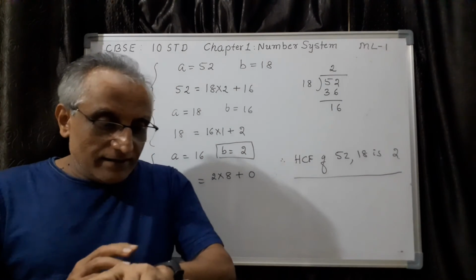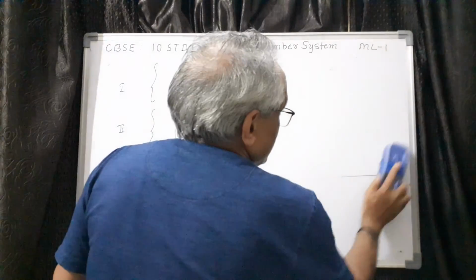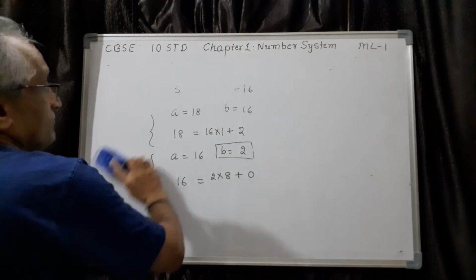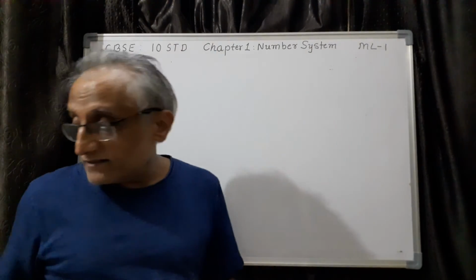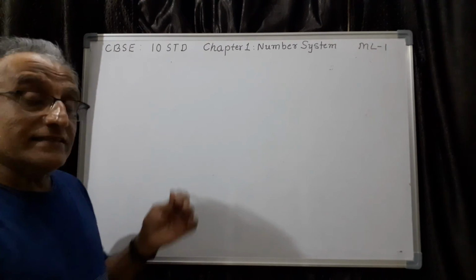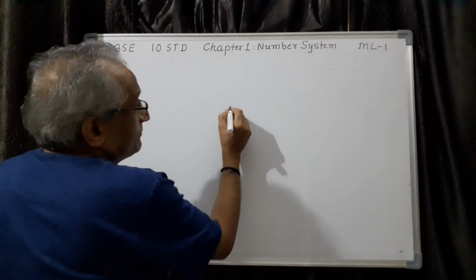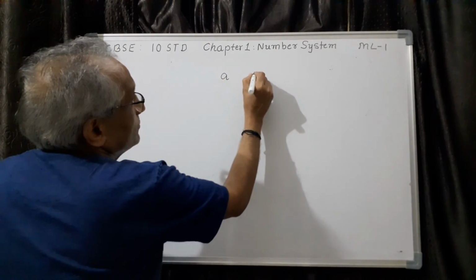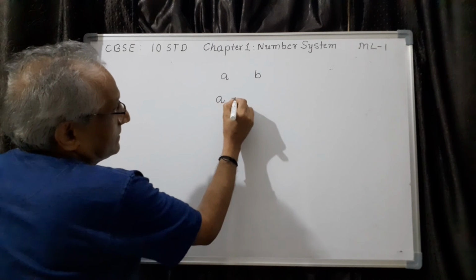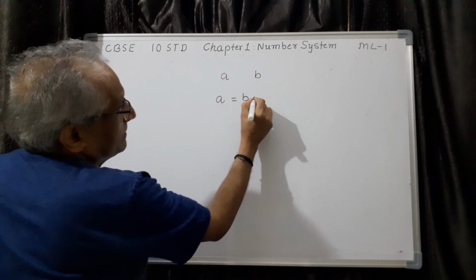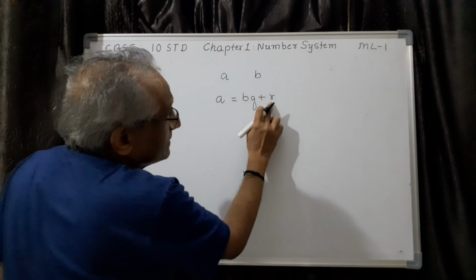Let me conclude here. What we have done today is we started with the concept of HCF actually, but before that we stated one important theorem, that is called a lemma, Euclid's division lemma, which says given any two numbers A and B, A can be written as B times Q plus R. And what is the condition for R?